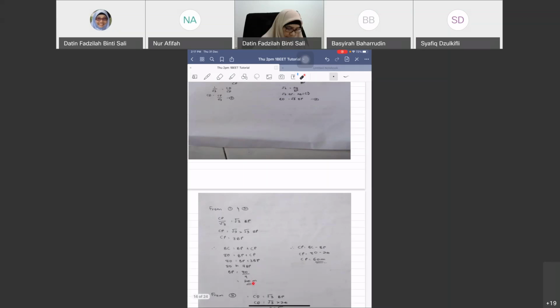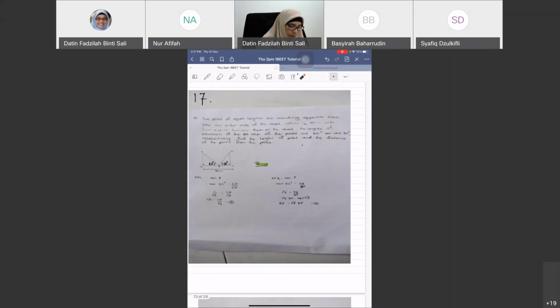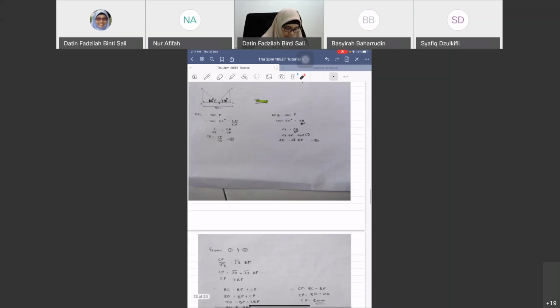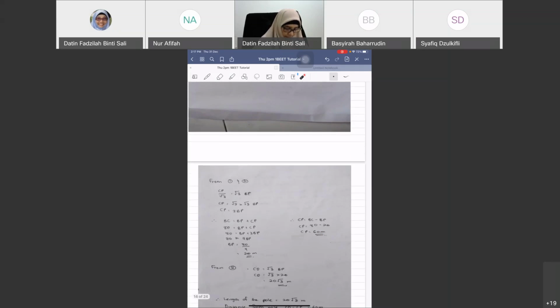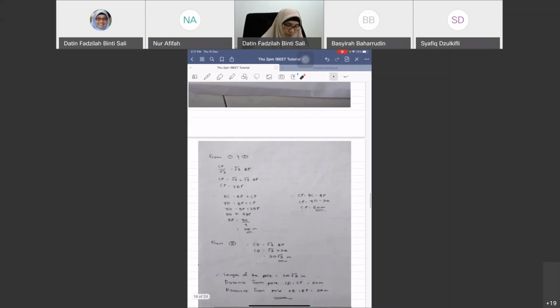In this case, BP is 20 meters. So to find CP is basically 80 meters minus 20, which is then 60 meters.